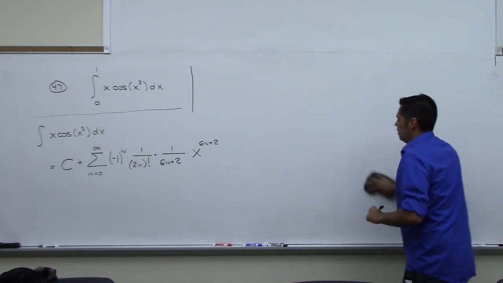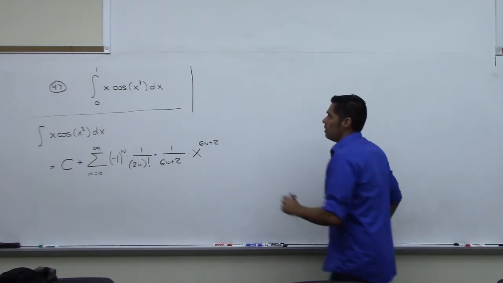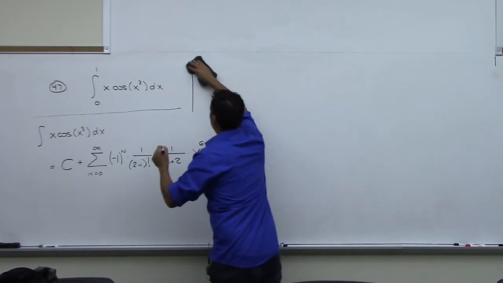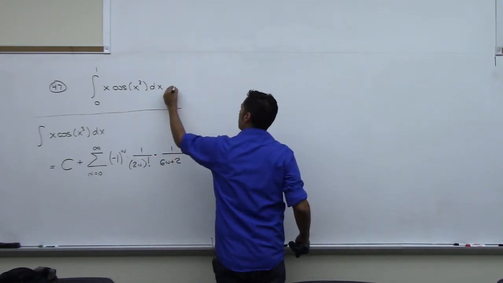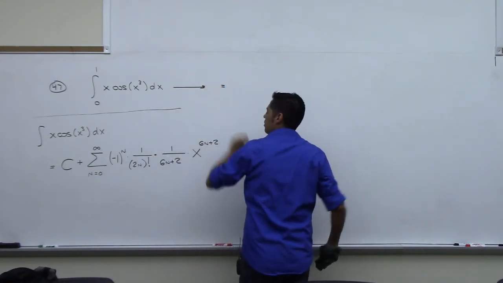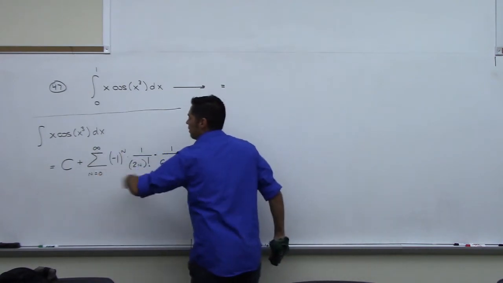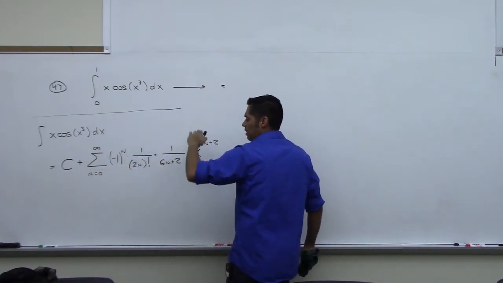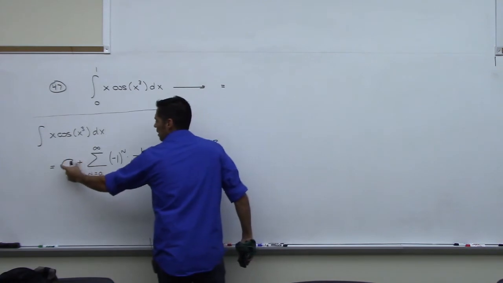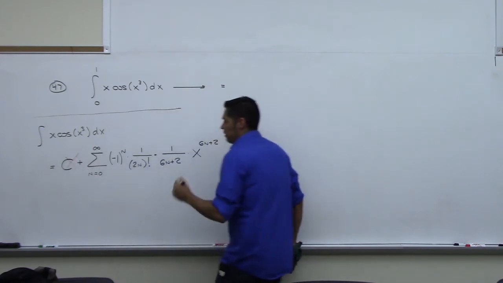So now I think I can get it. This up here should be equal to this evaluated at 0 and 1. You have to subtract. I do not have to take into account the constant whenever I do a definite integral.